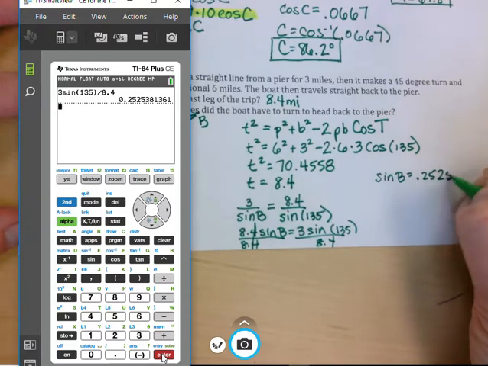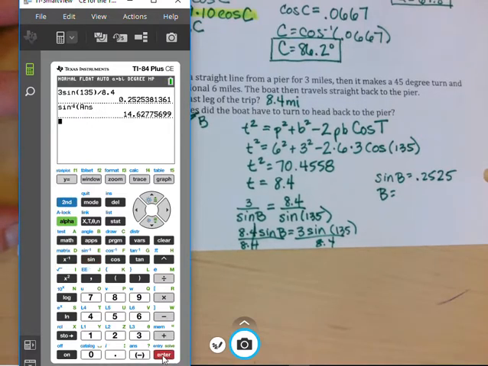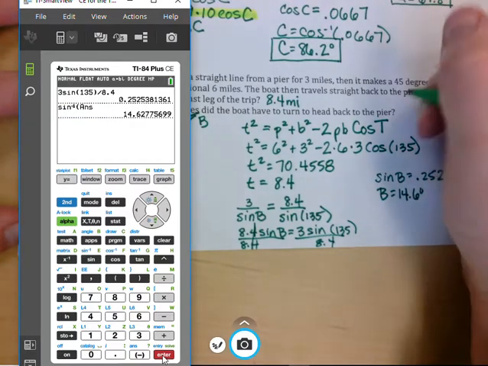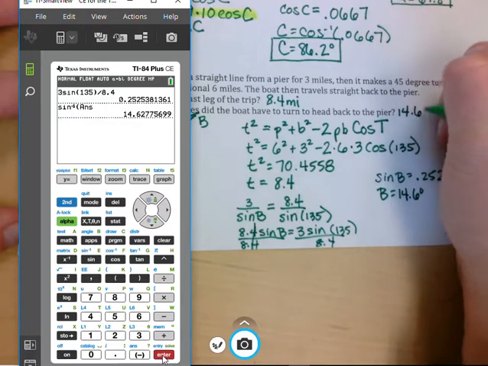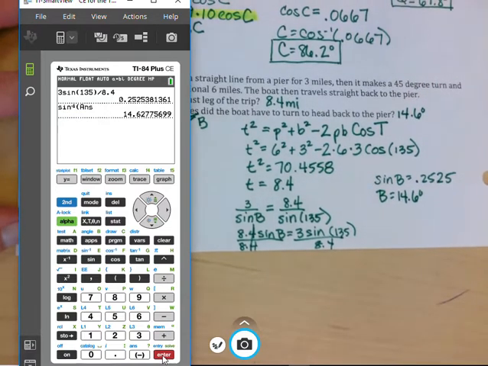And then what do I need to do to find B? Inverse sine, good. 0.6 degrees. Okay. What questions do you have on that one?